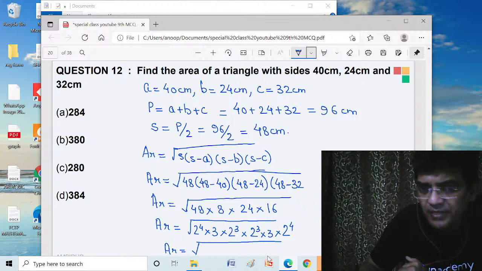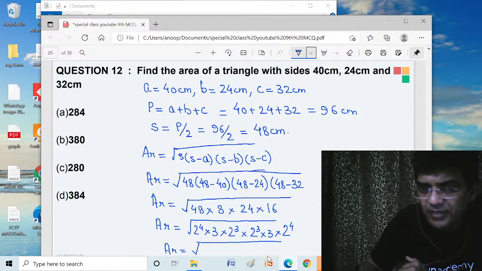Now we will get the area. When we take the square root, the power is reduced to half. So 14 becomes 7 and 3 raised to power of 1.